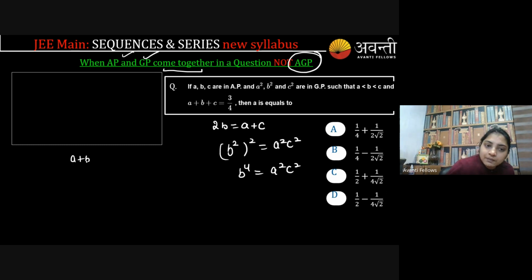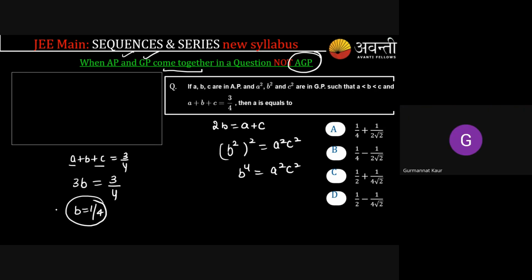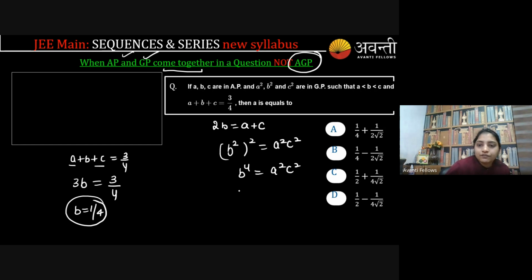A plus B plus C is equals to 3 by 4 and A plus C is equals to 2B. It means 3B is equals to 3 by 4. So B must be equals to 1 by 4. So if B is 1 by 4, you can say 1 upon 4 whole square 4 is equals to A square C square.